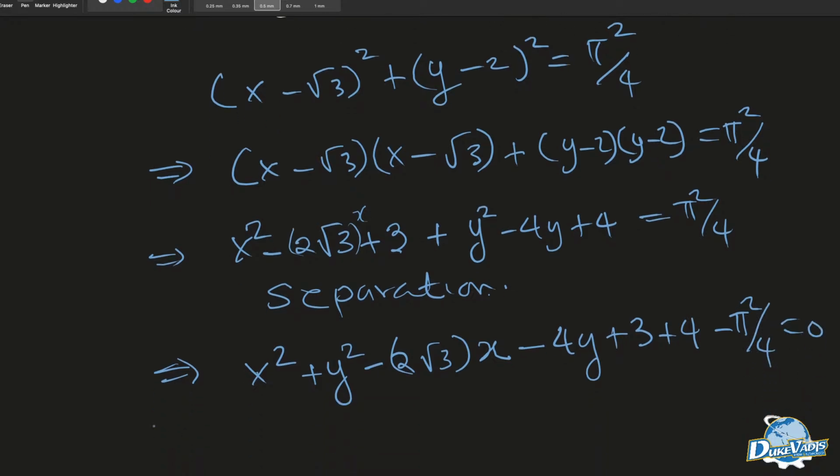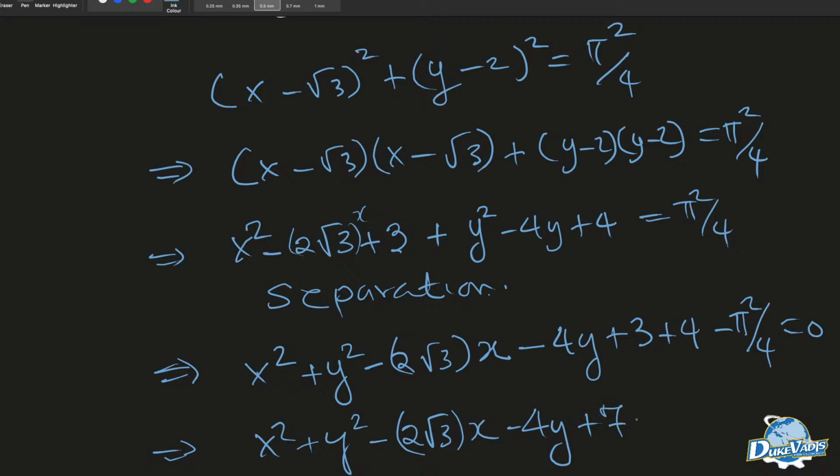So eventually our equation can be written as x squared plus y squared minus 2 root 3 x minus 4y plus 7 minus pi squared over 4 is equal to 0. So this is also the same equation of a circle.